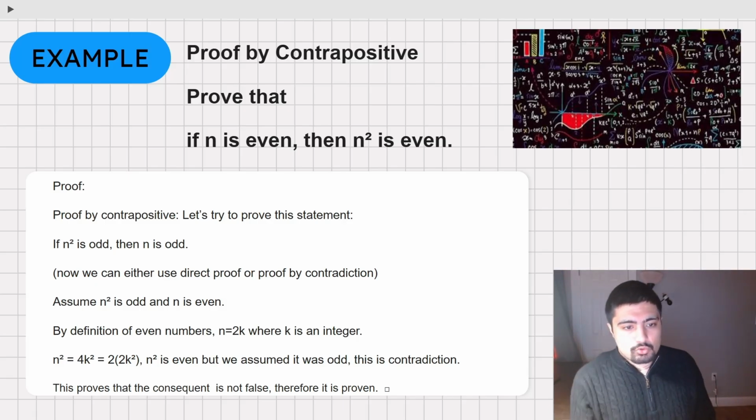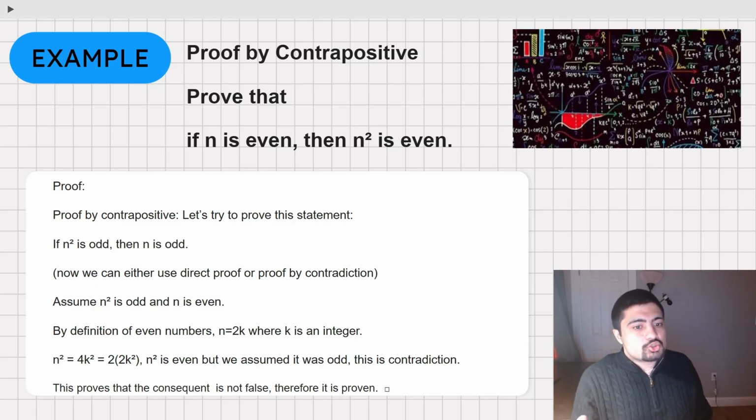Okay, so we assume that, I'm sorry, this is actually proof by contradiction. Assume that n squared is odd and n is even. We assumed both the antecedent and the negation of the consequent. By definition of even numbers, n equals 2k, where k is an integer. N squared equals 2 times 2k squared. N squared is even, but we assumed that it was odd. That is a contradiction.